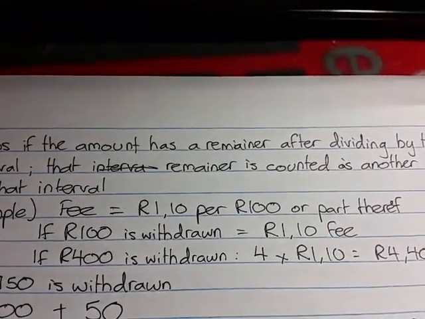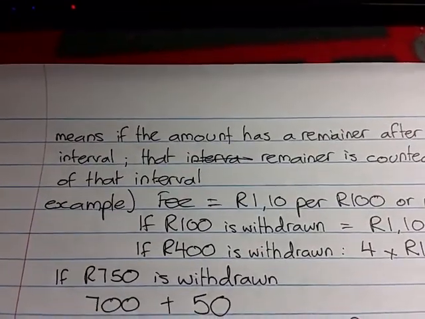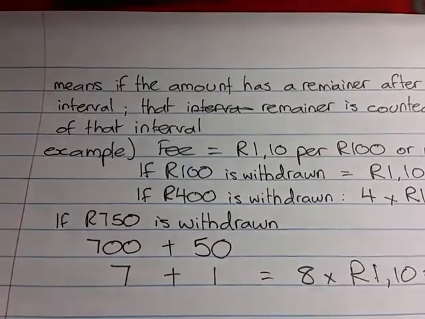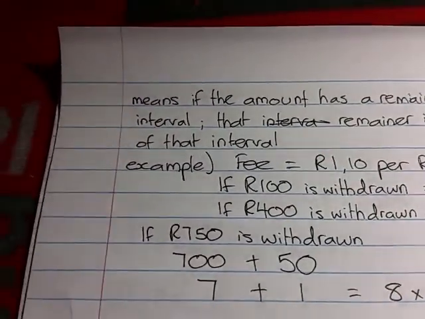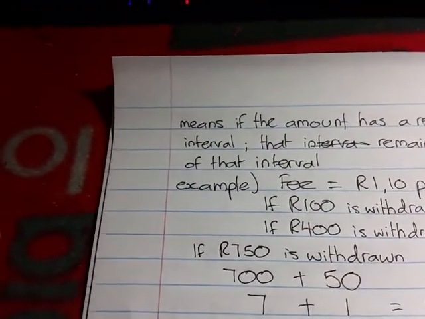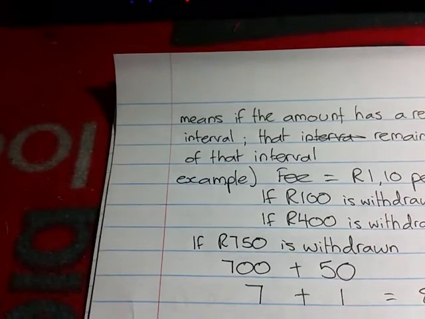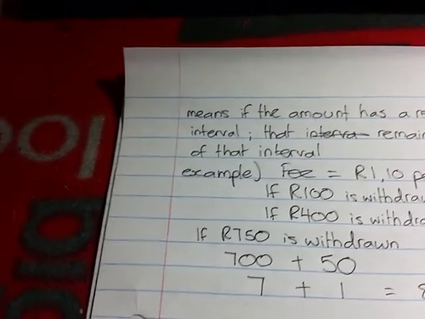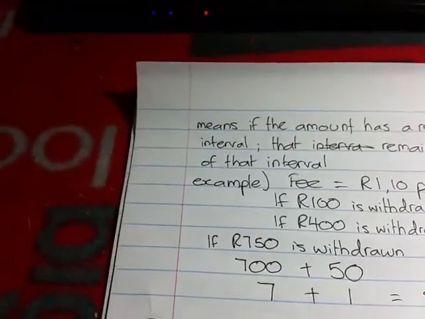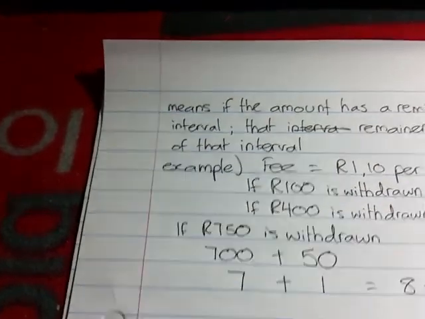This is where the part thereof comes in. That 50 is going to be counted as another 100. It doesn't matter how much more it is. It could be 701 even. If it goes into the next, it will be counted as another one.